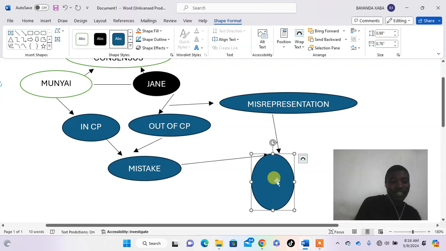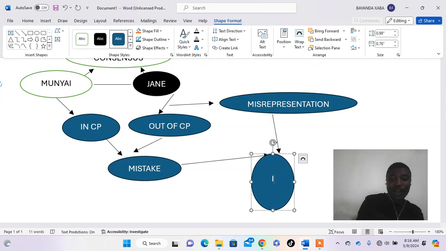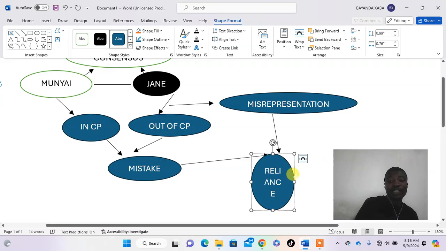the reliance theory. Or let me just say the iustus error doctrine. I hope that the spelling is correct.